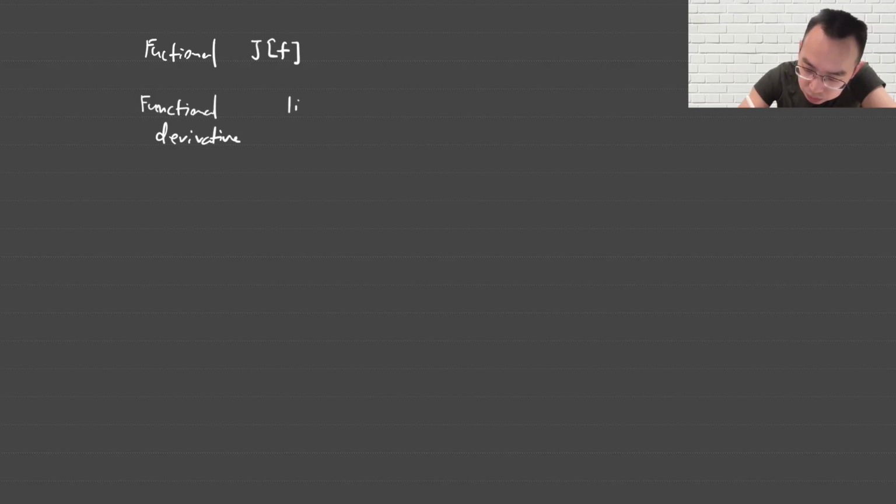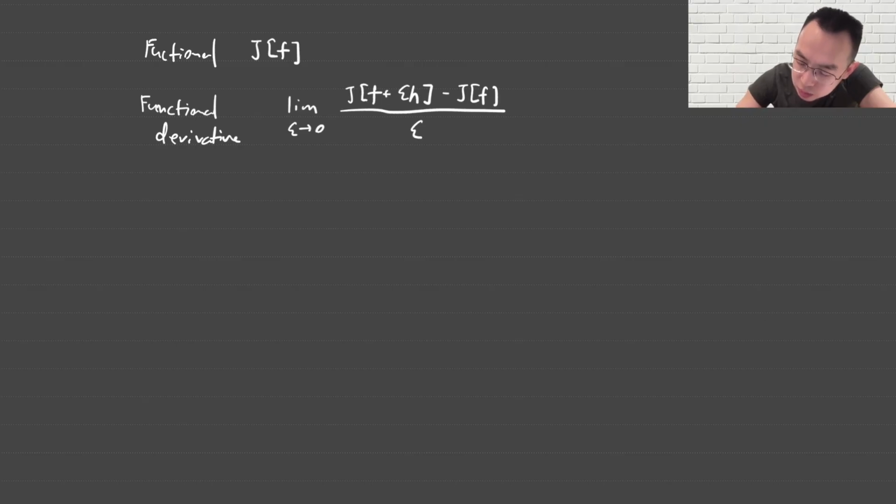We perturb the function f with some arbitrary function h, and then we want this to be stationary. This limit is like the derivative for this functional, and we want that to equal zero.